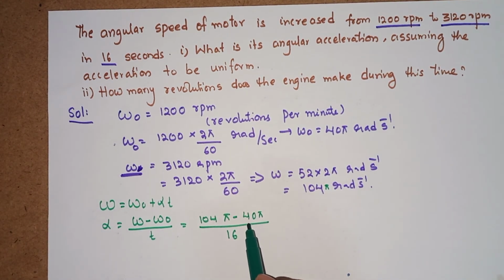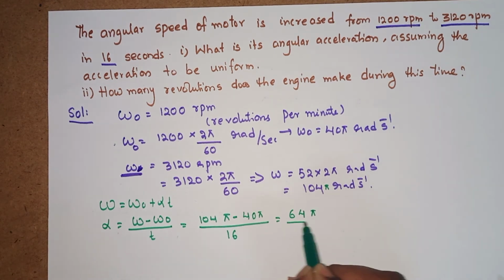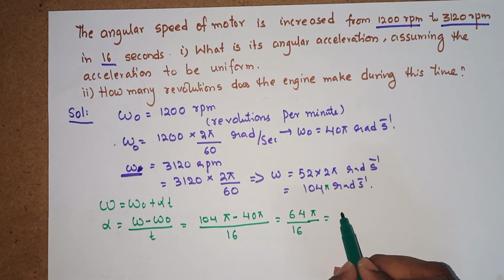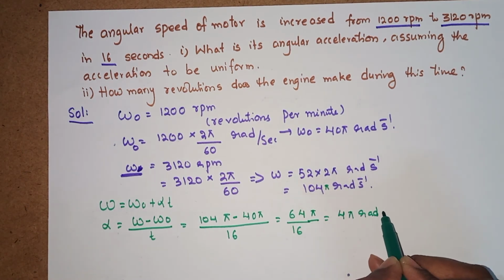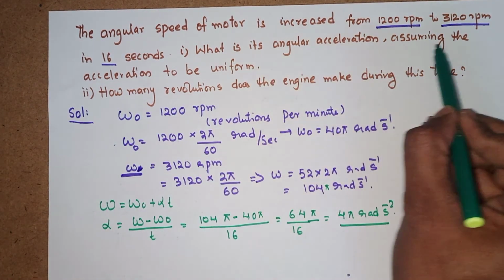That is 64 pi by 16, which is 4 pi radians per second square. This is the first answer which is asked.